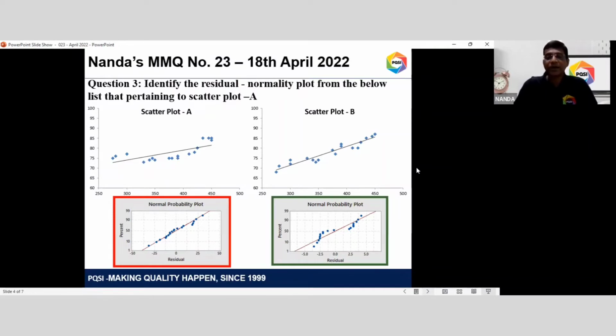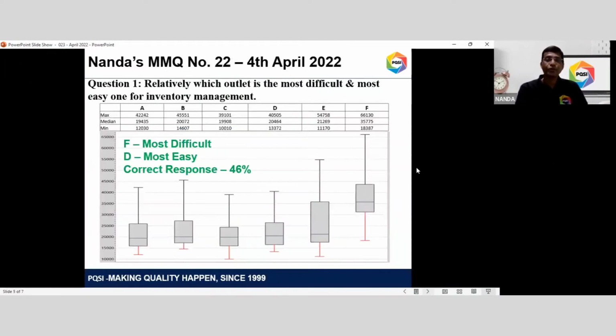So with that, let's move on to the next section of giving you the results of the previous quiz, MMQ-22, which was on box plot, right? I had very interesting responses this time for this quiz. I fully agree with you that the whole idea was to make you think.